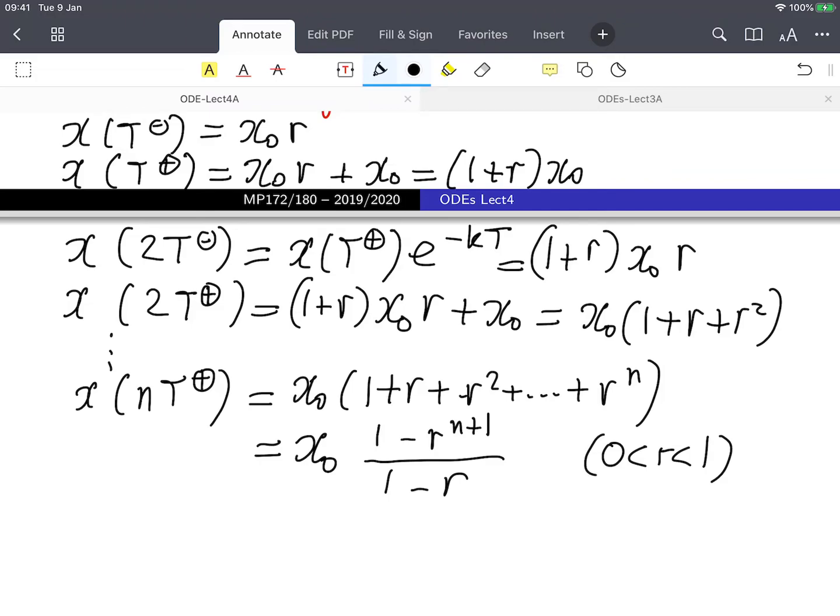And now I can do the limit. Where does this go as n goes to infinity? That doesn't depend on n. The only part that depends on n is this. But r is less than 1, so it's going to go to 0. So I'll be left with x0 times 1 over 1 minus r.